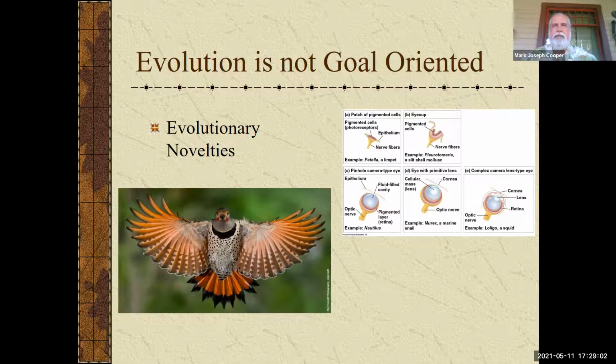And it turns out sometimes things are kind of what we call pre-adapted to do something else. So feathers on the bird, that's a red-shafted flicker. They're actually found around here as one of our larger woodpeckers. Fairly rare, don't see them too much anymore.